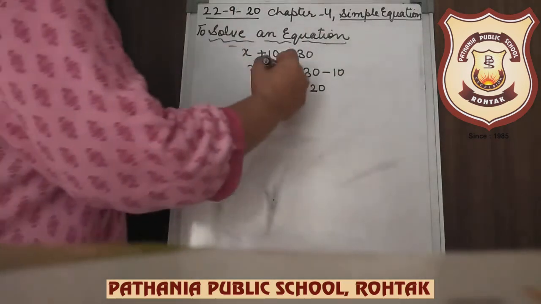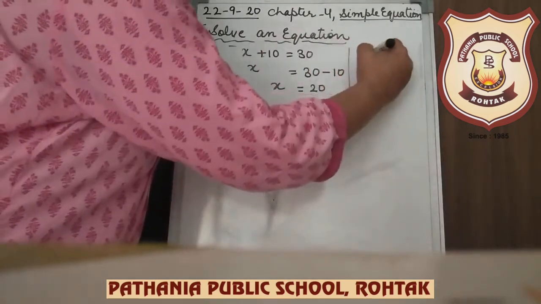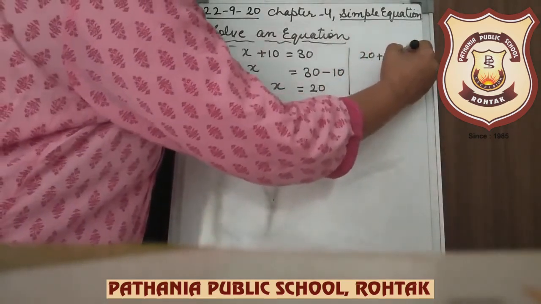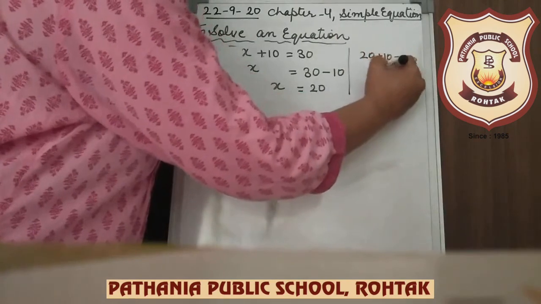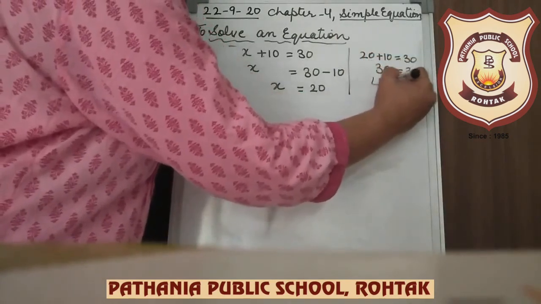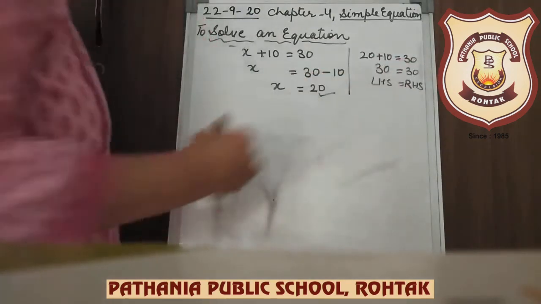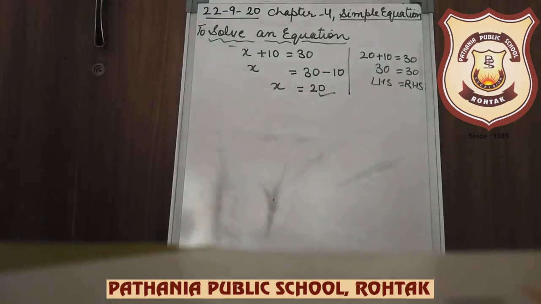If I put the value of the variable in the equation, it is 20 plus 10 is equal to 30, and again 30 is equal to 30. So my left hand side is equal to the right hand side, and your answer is correct. Clear?